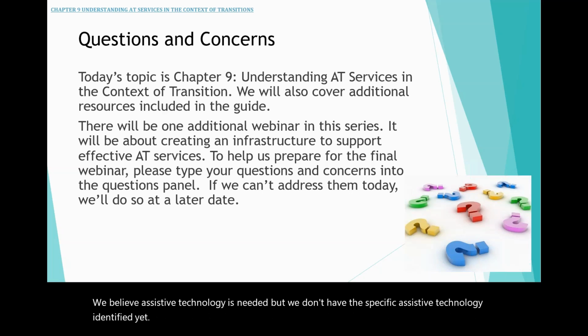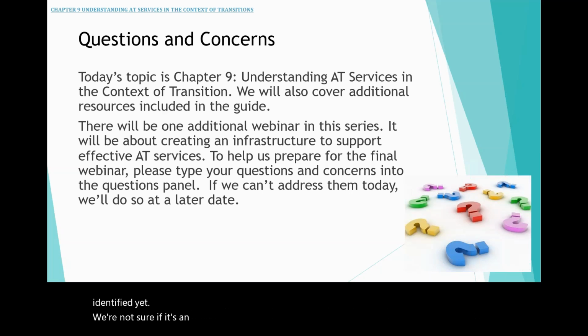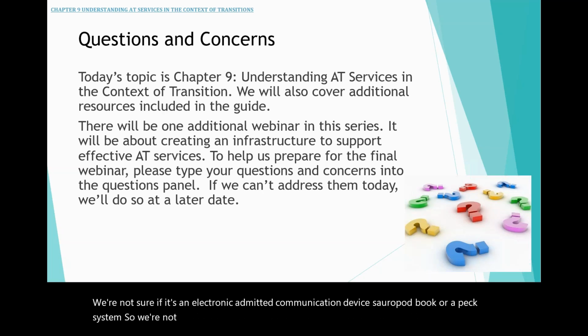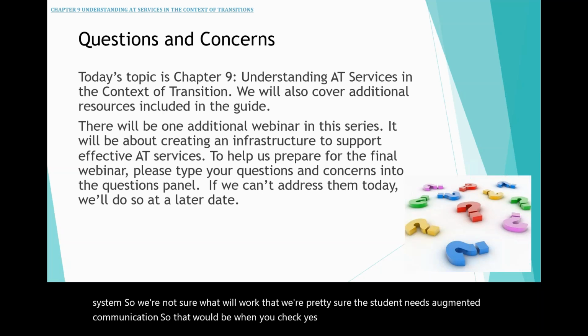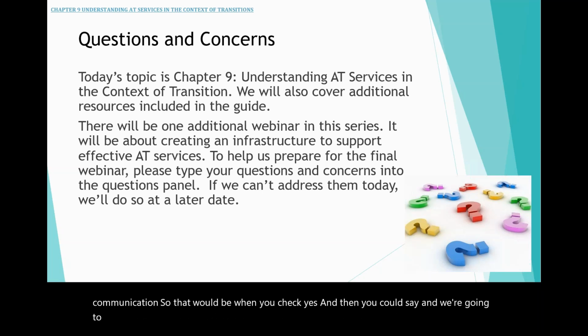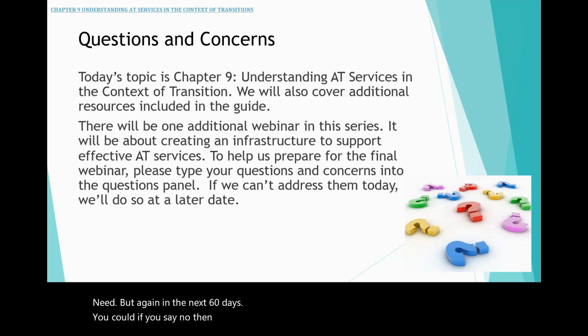We're not sure if it's an electronic augmented communication device or a PODD book or a PECS system. So we're not sure what will work, but we're pretty sure the student needs augmented communication. That would be when you check yes. And then you could say we're going to go back and do a classroom assessment and determine how we're going to approach this need, but again, in the next 60 days.